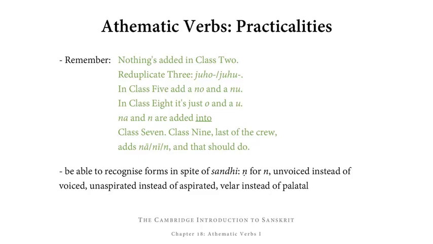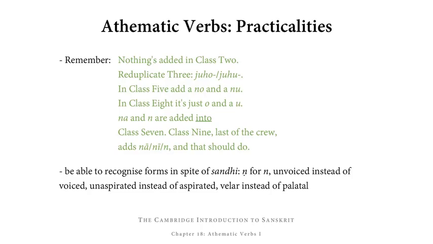Nothing is added in class 2. Reduplicate 3, juho, juhu. In class 5, add a no and a nu. In class 8, it's just o and a u. Na and n are added into class 7. Class 9, last of the crew, adds na, ni, n, and that should do. If you find this sort of thing helpful, then do just memorize this mnemonic.